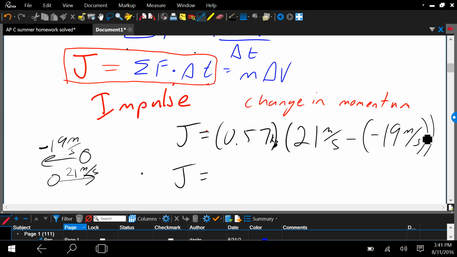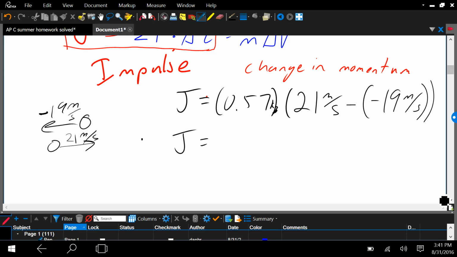But we multiply this through, and I see that my change in velocity is actually 40. Some people make the mistake and think it's 2. They do 21 minus 19. But in order to go from 19 in one direction to 21 in the other direction, you have to change by 40. Some students can see that more clearly when looking at a number line. Here is 0, and here is 20, and here is minus 20.